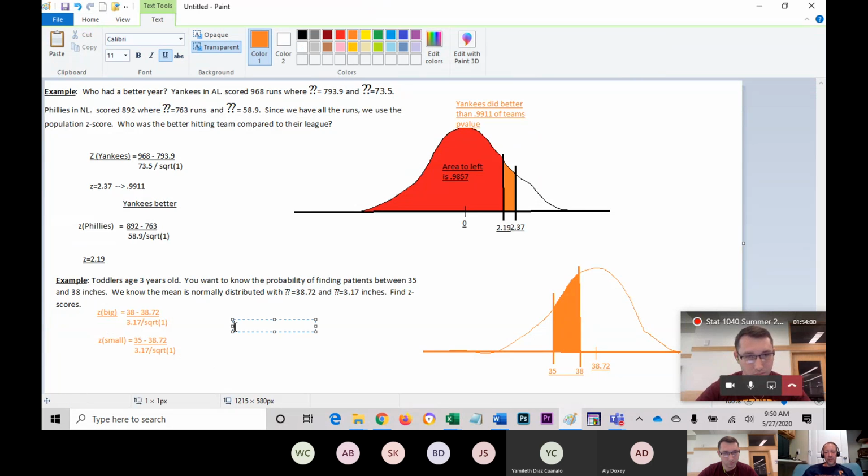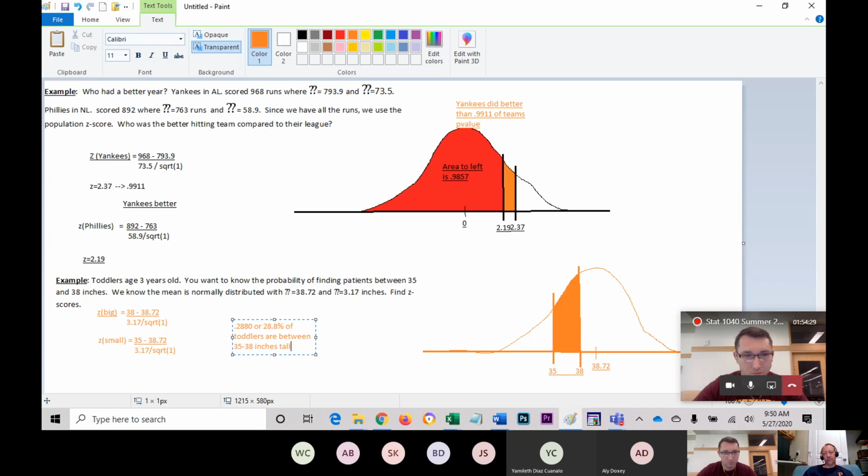So the answer is 0.288, or well, I kind of like to leave them as decimal, 0.2880, or 28.8% of toddlers are between 35 and 38 inches tall.